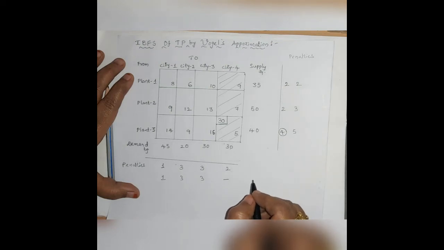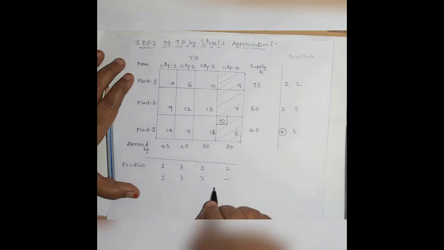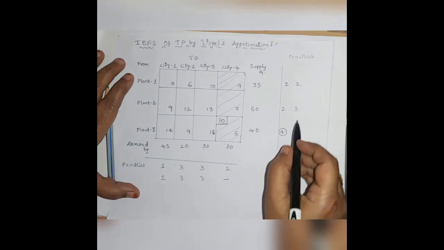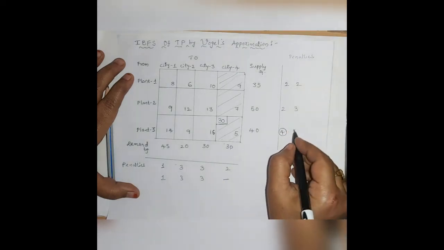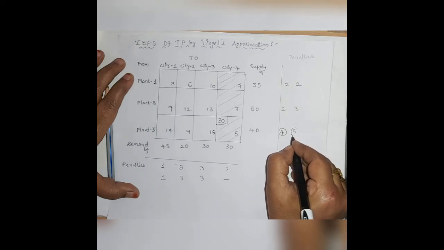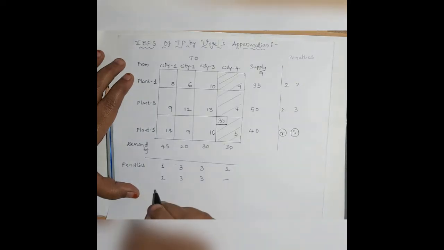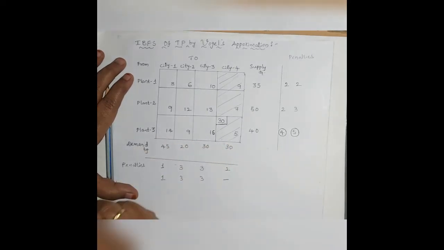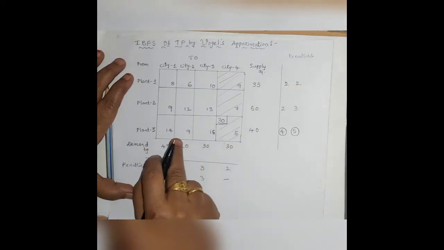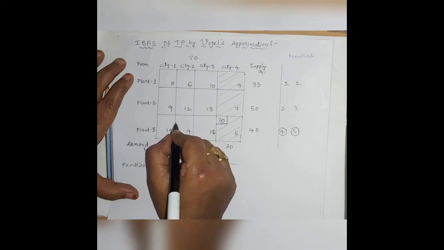Okay. Now in the revised penalties, you have to select the largest penalty. The largest penalty here, out of 2, 3, 5 and 1, 3 and 3, is 5. So now you are going to again consider plant 3, and the next minimum cost that is remaining is 9.